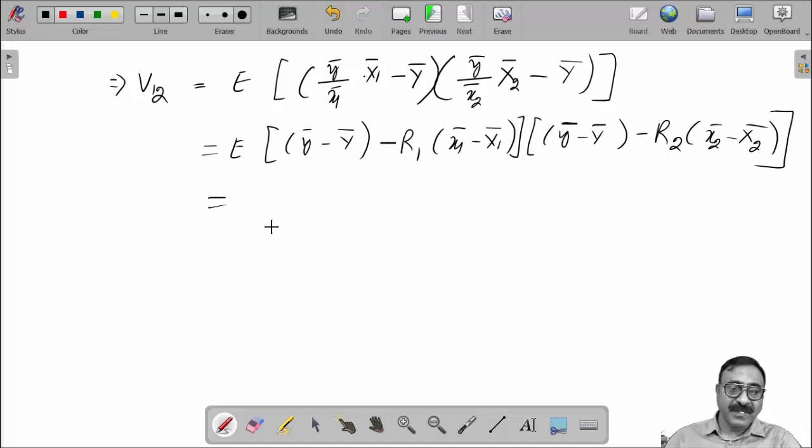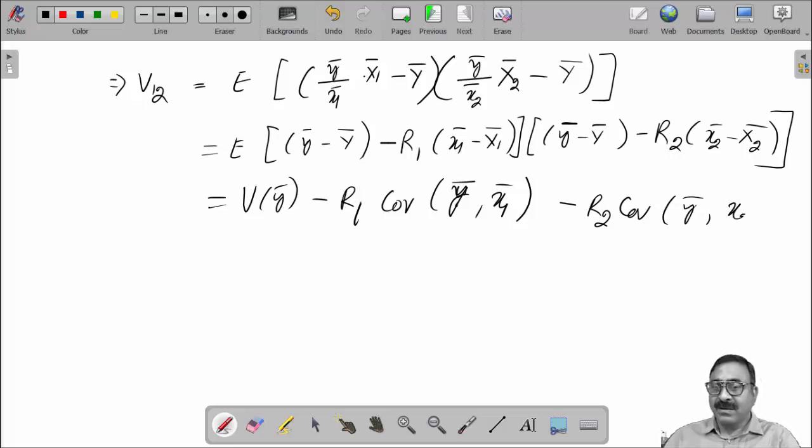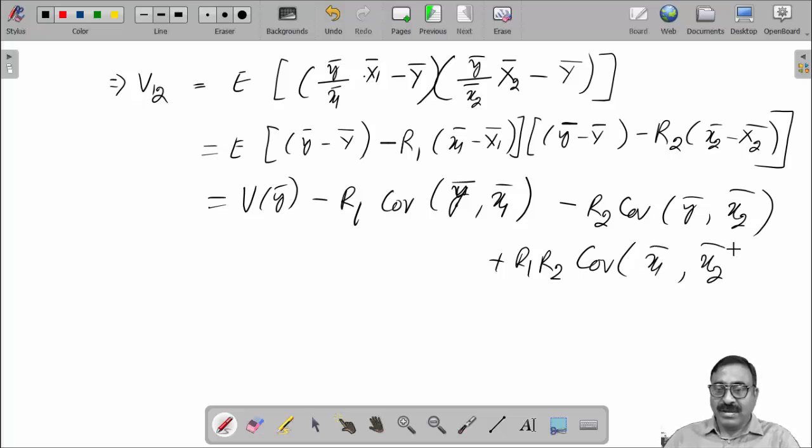Now after simplification we can get this is variance of y bar minus R1 covariance of y bar, x1 bar minus R2 covariance of y bar, x2 bar plus R1 R2 covariance of x1 bar, x2 bar.